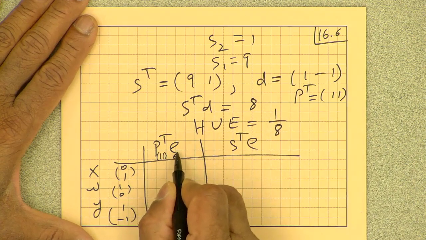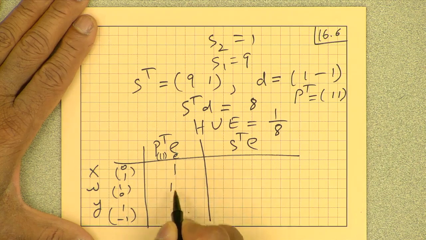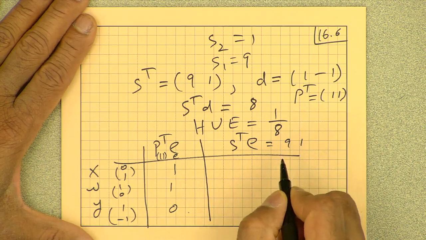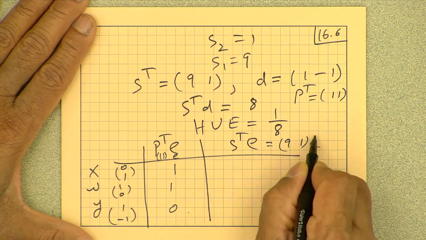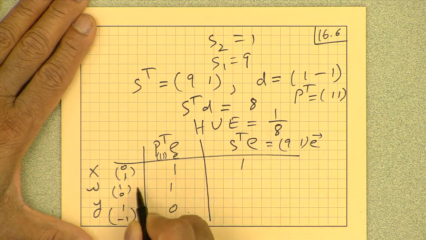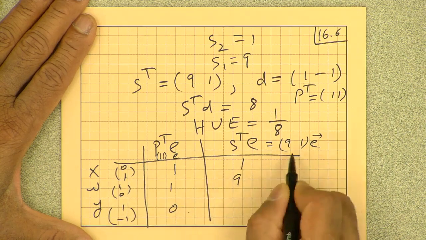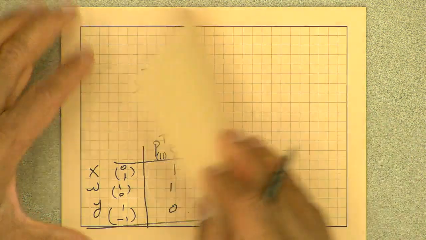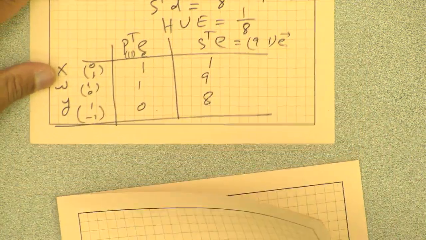So that's just add this up, 1 1 0. S transpose is 9 1. So 1 times 1, 9 times 1 is 9. 9 minus 1 is 8, and those are the values.